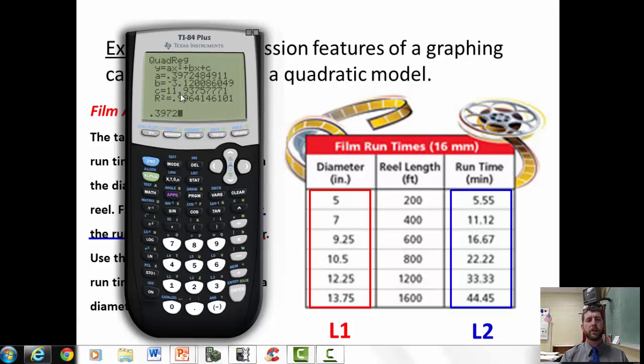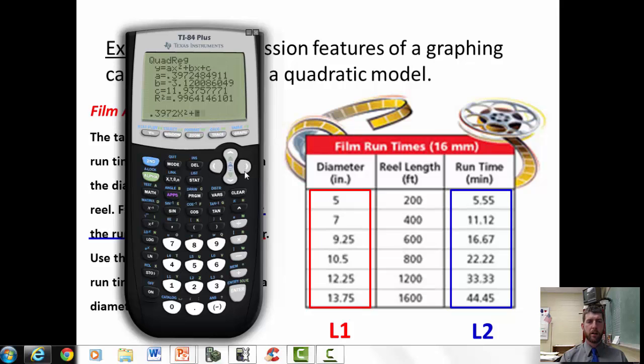So what am I doing with this equation? Well, my equation is 0.3972x squared plus b. Well, b is negative. Let me fix that.